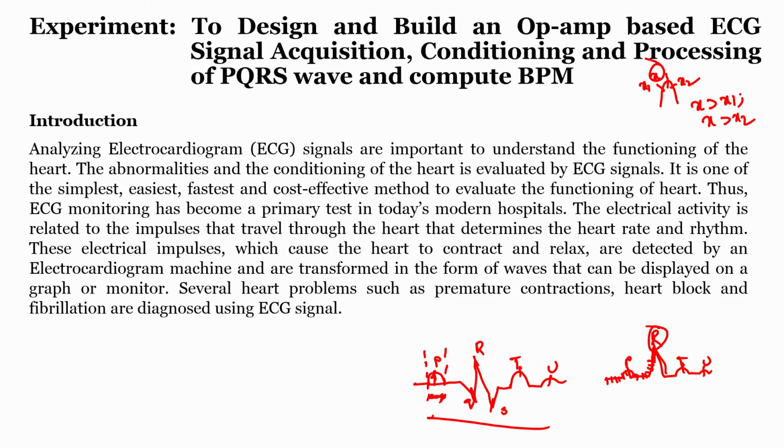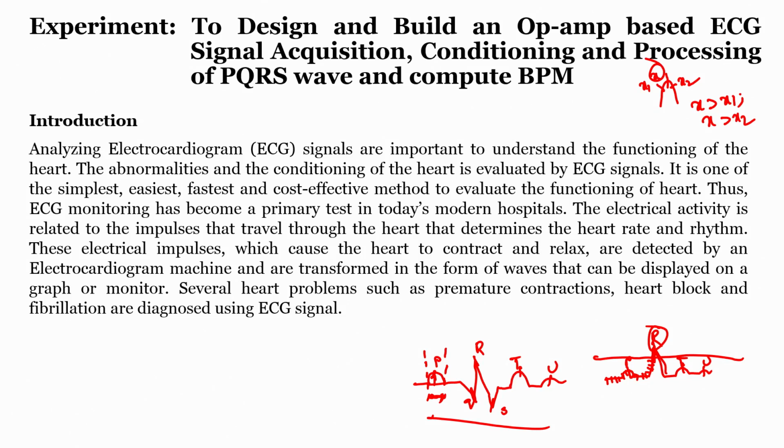So, if I put some threshold, that means out of the complete ECG signal, I find the maximum peak, and I fix some threshold somewhere around 70%, somewhere around 50% of that peak. So, like this threshold, it will allow only the R peaks to pass through, and the peaks below the threshold it will not allow. Then I can easily find the R peaks, and if I can calculate how many R peaks there are, my job is done, right.